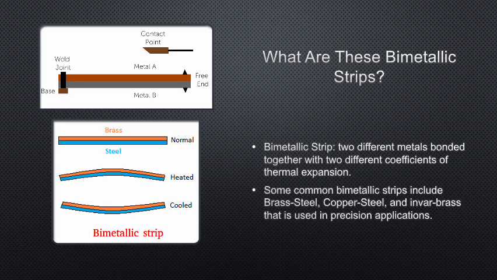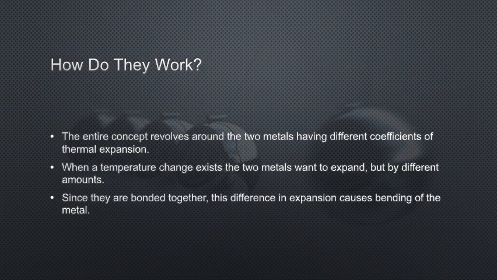That's what these bimetallic strips are made of, and the difference in coefficient of thermal expansion is the purpose and the cause of using these bimetallic strips. So this is how they work. The two metals that are bonded together have different coefficients of thermal expansion, and when there's a temperature change, the two metals are going to want to expand.